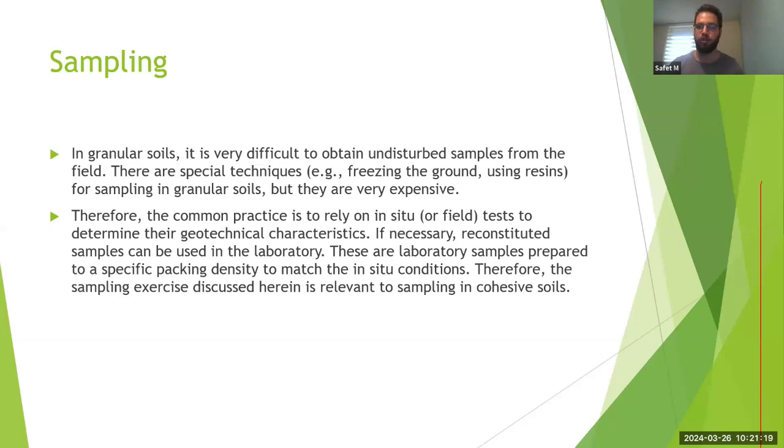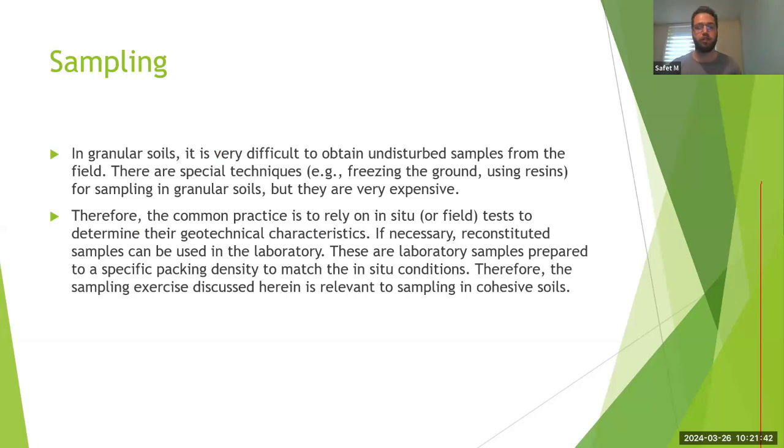When you speak about sampling, in granular soils, it's very difficult to obtain samples in general. Undisturbed samples would be almost impossible. There are, of course, special techniques, such as freezing of ground, using resin, things like that. But that would be very expensive, and it's usually not required. There are just a few projects in the world that did require sampling in granular soils.